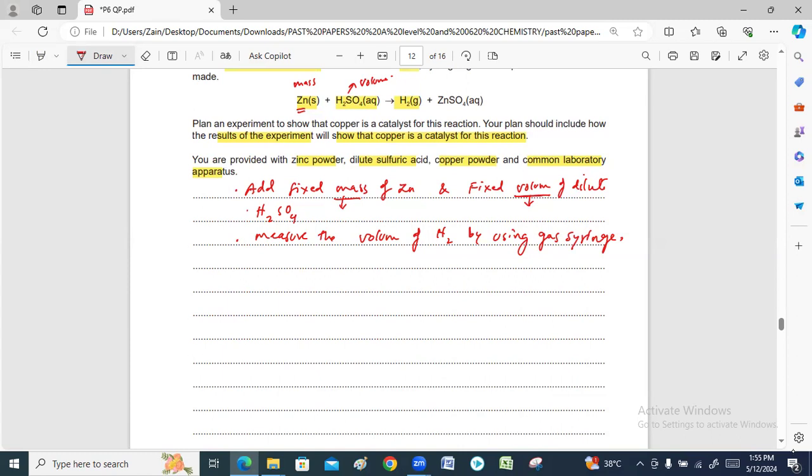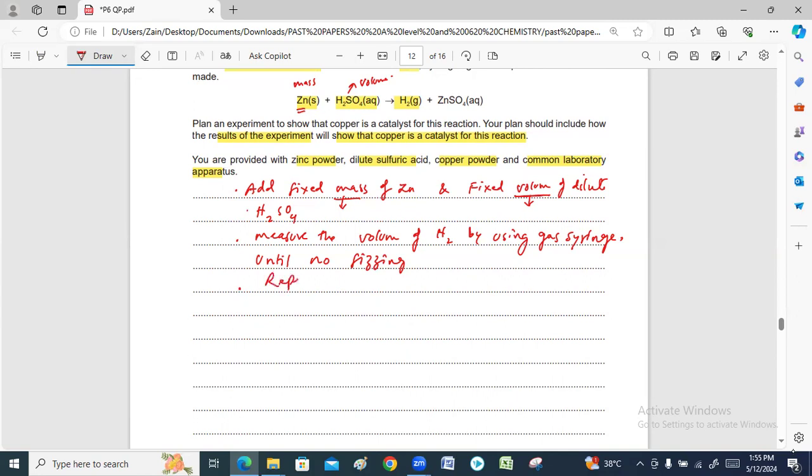Then measure the volume of the hydrogen gas in the gas syringe until there's no fizzing, no effervescence, because in that case, the reaction must be completed.